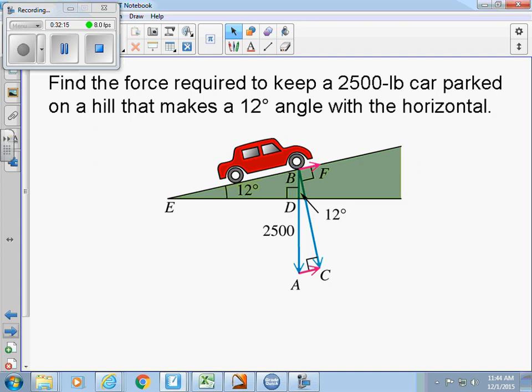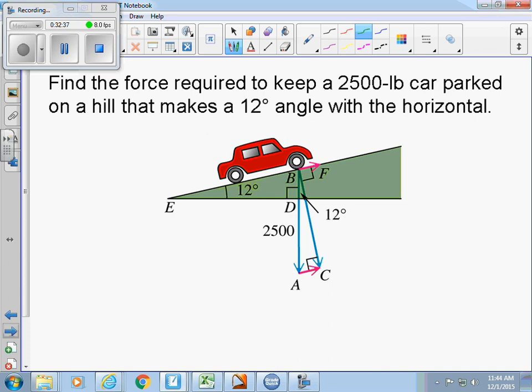I'm going to put those tip to tail. So I'm going to take this vector here, put it tip to tail, the straight down force of the car from gravity going straight down. So the car's weight is pulling straight down.